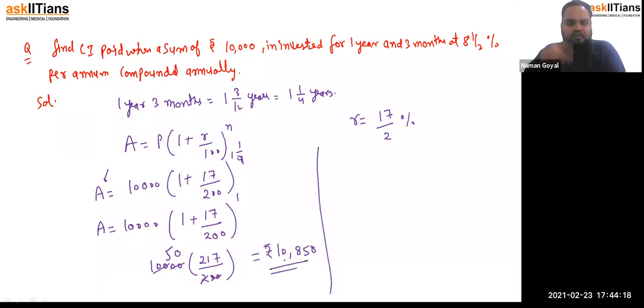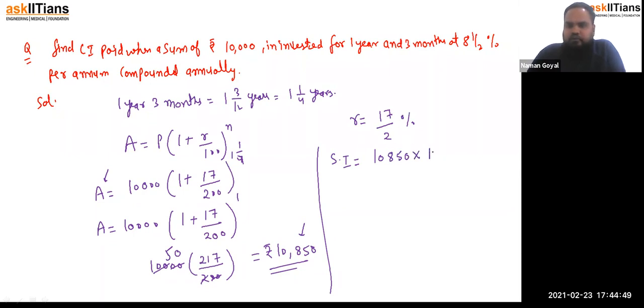Now see, the amount becomes this. So for the next 1/4 year, we are going to apply the concept of simple interest over this amount, right? Simple interest is PRT upon 100, right? P is now 10,850.